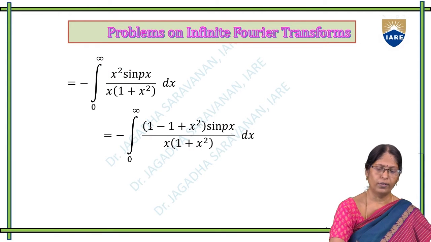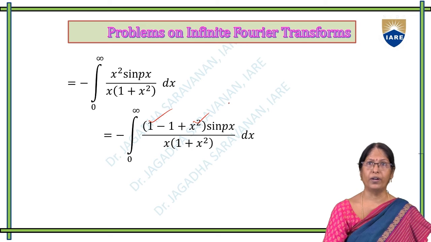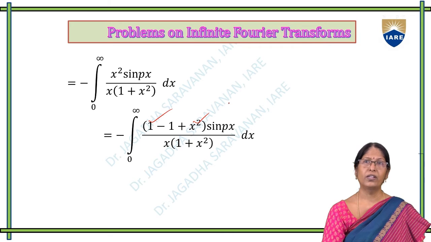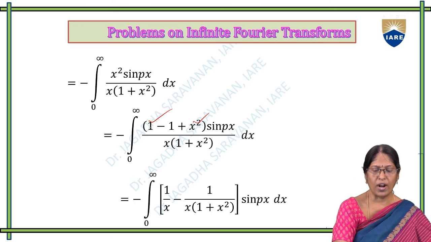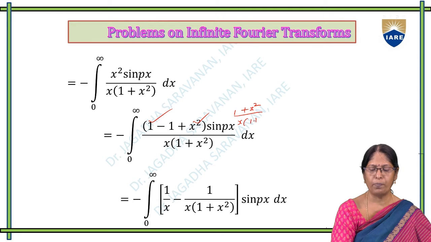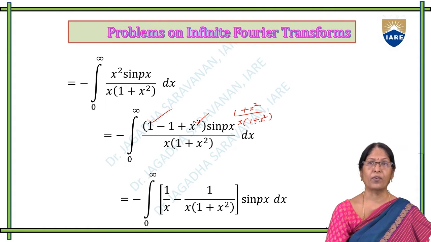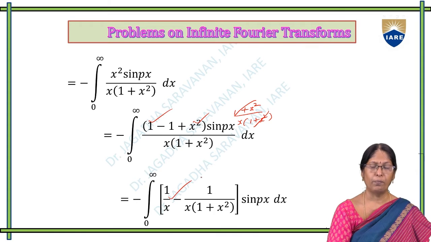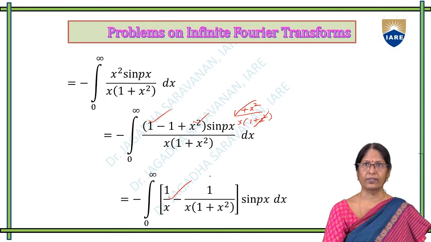So now this 1 and x square put together, it is going to become as one term. So 1 plus x square divided by x of 1 plus x square. We can write it. So this getting cancelled, balance 1 by x.